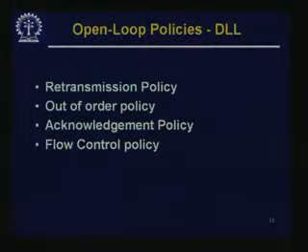The question is, are you becoming persistent or non-persistent? You do a random back-off, or exponential back-off, or what is your retransmission policy when you will try again. That is important. Similarly, other things like out of order policy, if packets are received out of order.